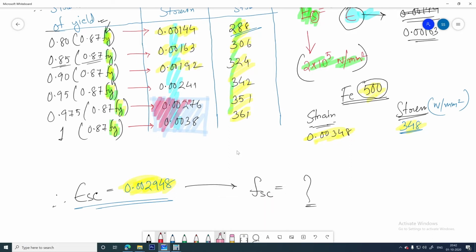Yes, you can see this is in between these two values. So we will take these four values and make the interpolation.